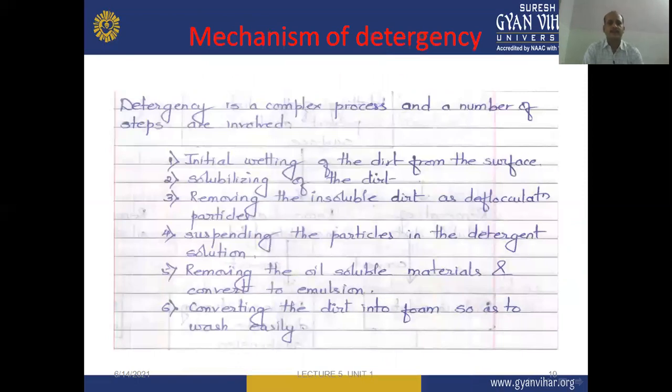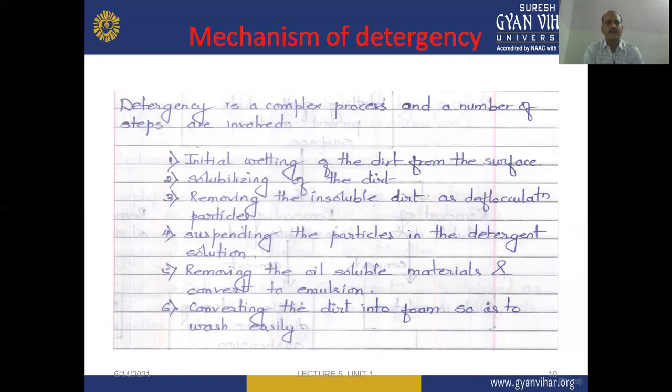When we summarize the mechanism of detergency, we can say that it is a complex process, and a number of steps are involved. First is initial wetting of the dirt on the surface, then solubilizing of the dirt, then removing the insoluble dirt by deflocculation of particles and suspending the particles in the detergent solution.